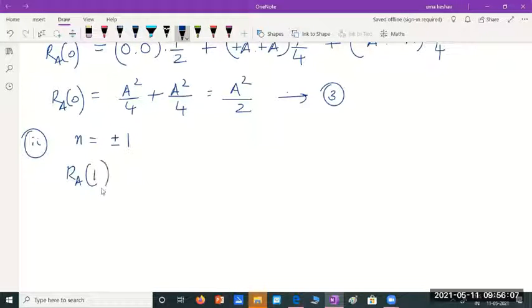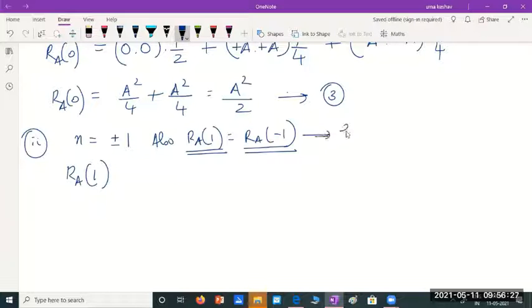You can find RA of 1, and you will clearly see that RA of 1 will be equal to RA of minus 1. It's always the case. The autocorrelation function at plus 1 and minus 1 will be equal. What does it mean? It means it is an even function. So the ACR is an even function.